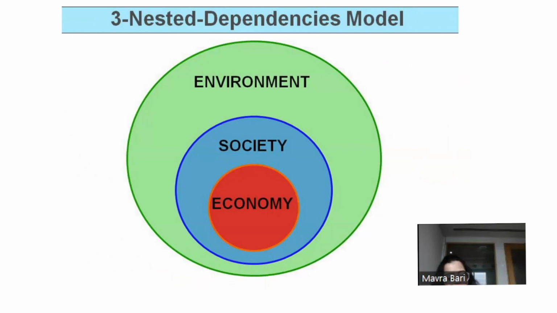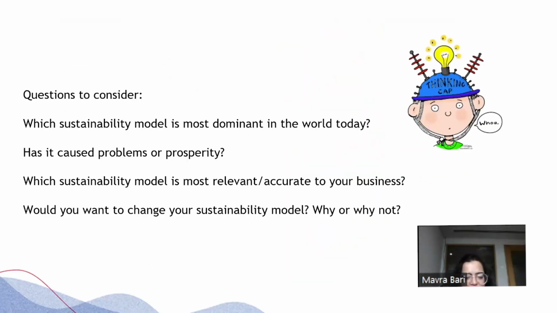For instance, we have an environmental policy, we have an economic policy, but if you go through policy briefs, you'll realize that these are actually treated like such separate issues. Hardly any kind of policy or any safety mechanism thinks of these two. Also some questions about which sustainability model is most relevant or accurate to your business.